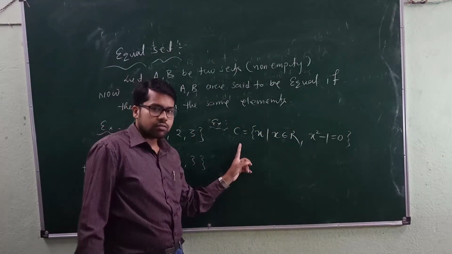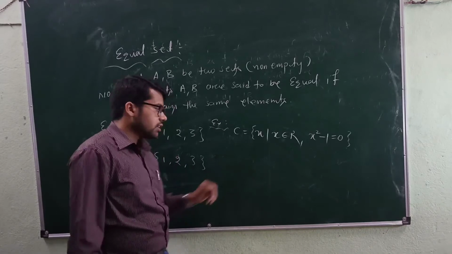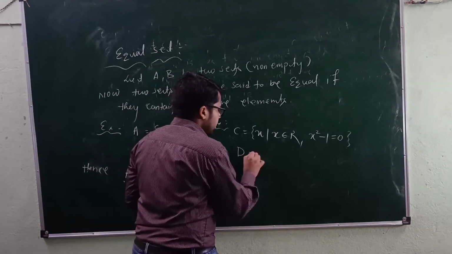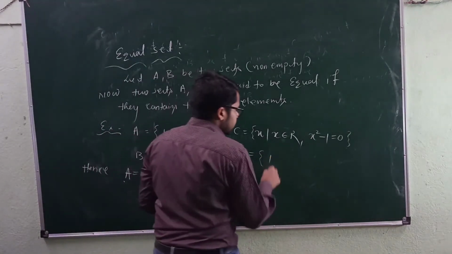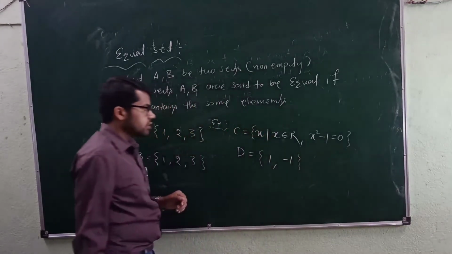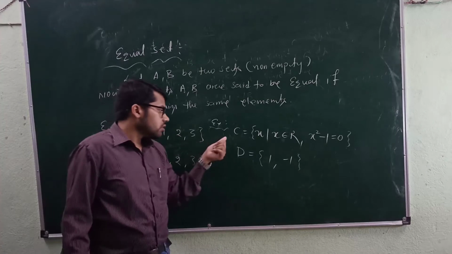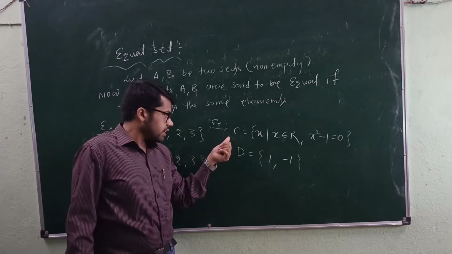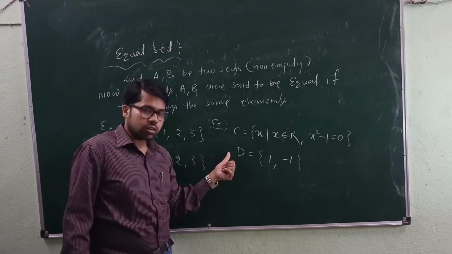C is a set which is written in set builder format. D is another set which contains plus 1 and minus 1. Okay. So my question is, can I say C is equal to D or not?